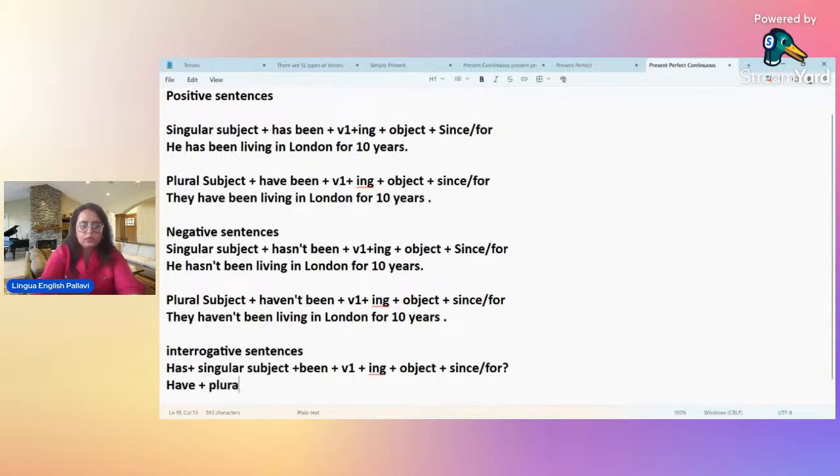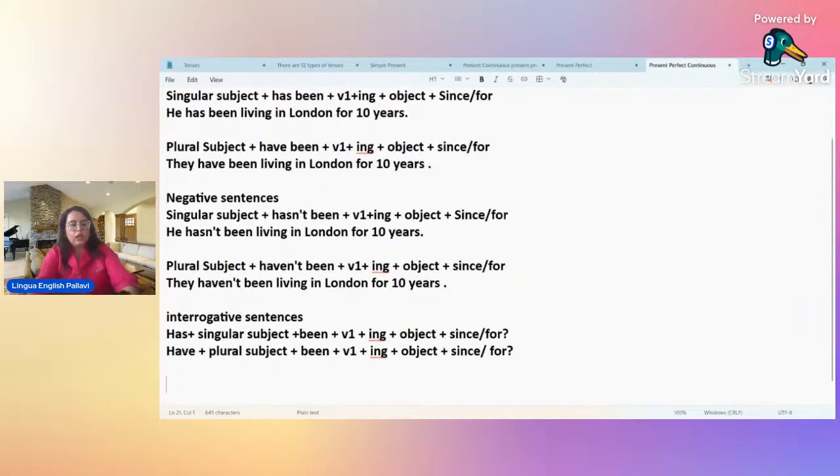Have plus plural subject plus been plus v1 plus ing plus object plus since or for. Okay, so now let us see how the examples have been.